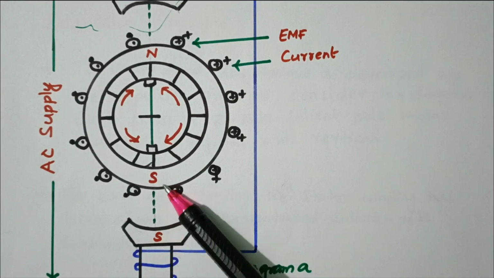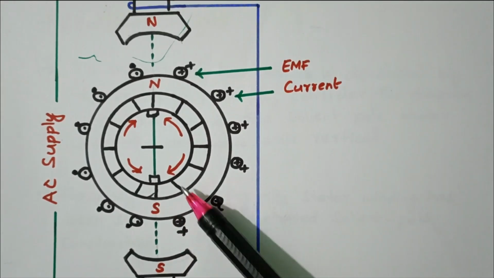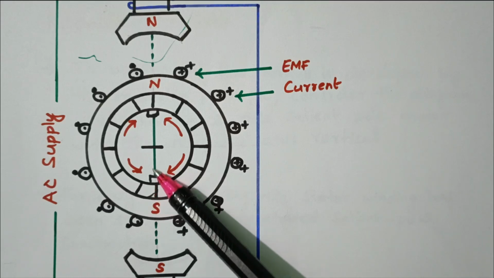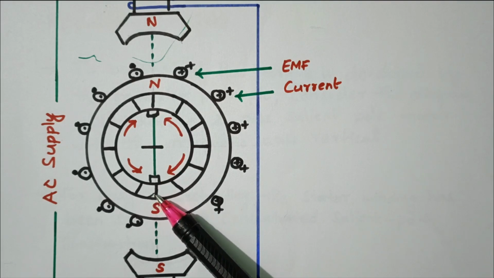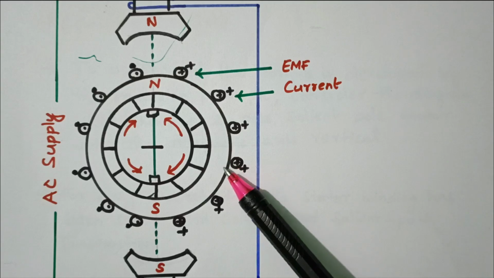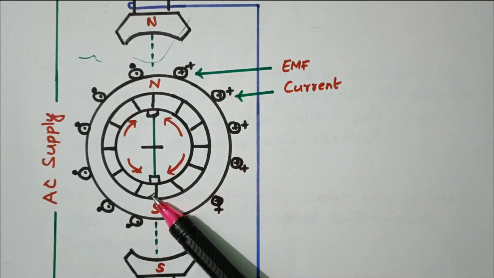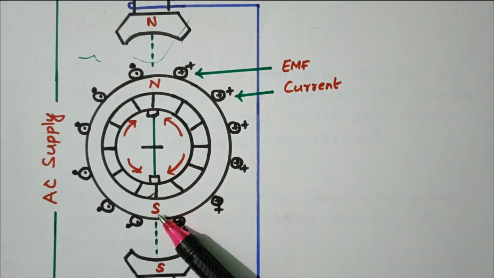So there will be repulsion. Both will repel each other. So that is called a repulsion motor. The important thing is that the brush holder is aligned vertically. In that position only the EMF will be generated and current will flow through the rotor circuit because of the vertical position. Now we'll see what will happen in the horizontal position.